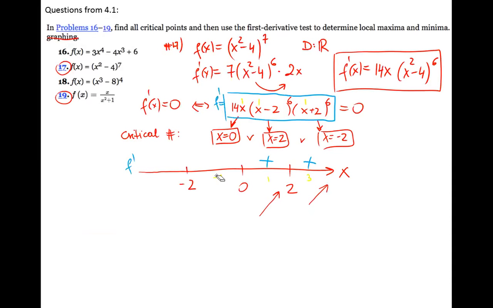Okay, but let's keep working. Negative 1. If I substitute negative 1, we know that these terms, (x minus 2) to the power of 6 and (x plus 2) to the power of 6, are always positive. That means I can focus just on 14 times x. 14 times negative 1, of course, is a negative number. Okay, and then let's test another interval, negative 3.